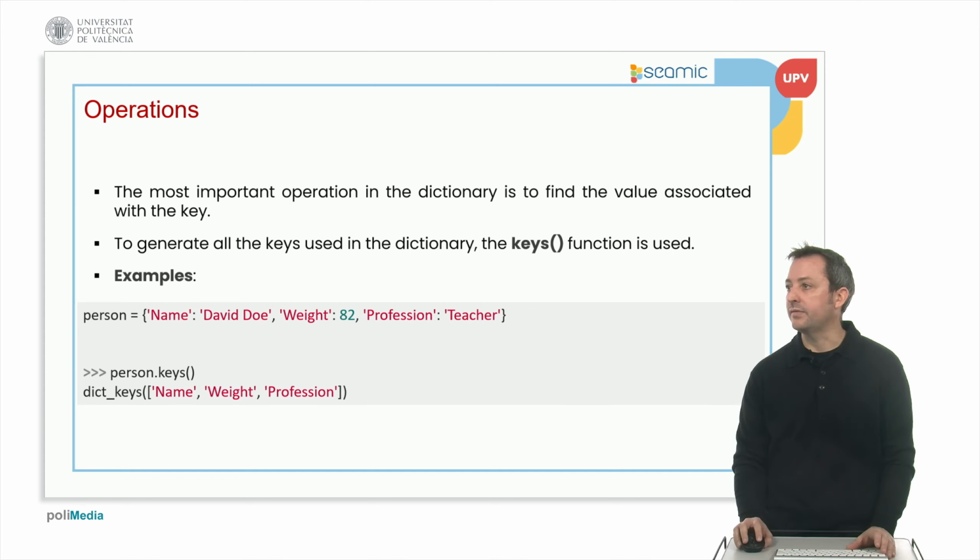For example, if we have this dictionary representing information of a person and we perform the method keys, we will retrieve the 3 keys in this case: name, weight, and profession. And take into account that this returns the keys as a list.